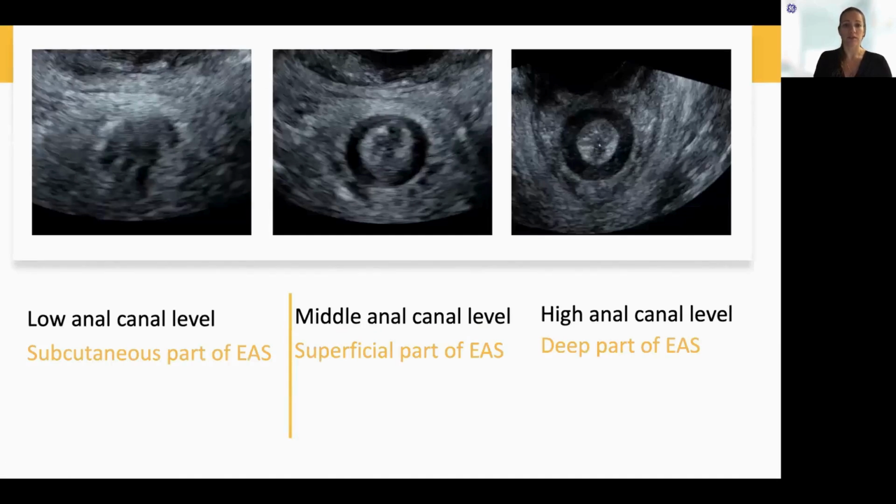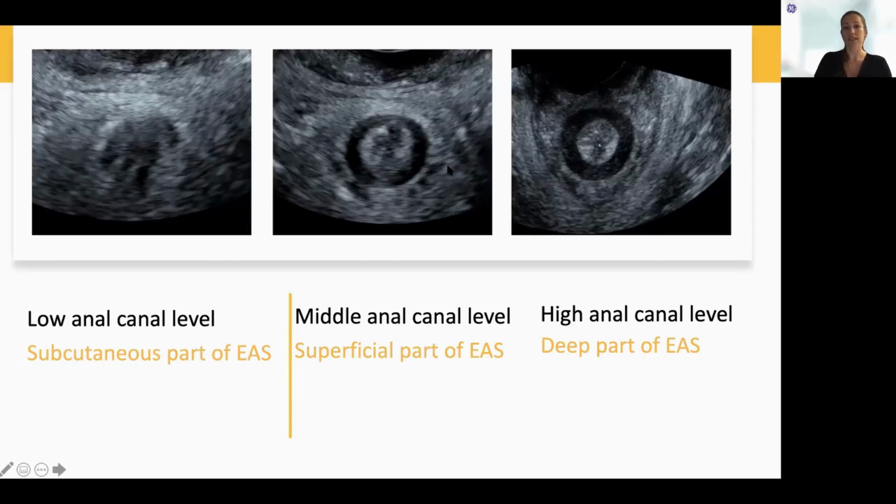As I mentioned before, it is very important that we assess all 3 levels of the sphincters, and we start at the low anal canal level, where the subcutaneous part of the external sphincter is situated, and on that level we don't see the typical image. We don't see the internal sphincter, we see only external sphincter.